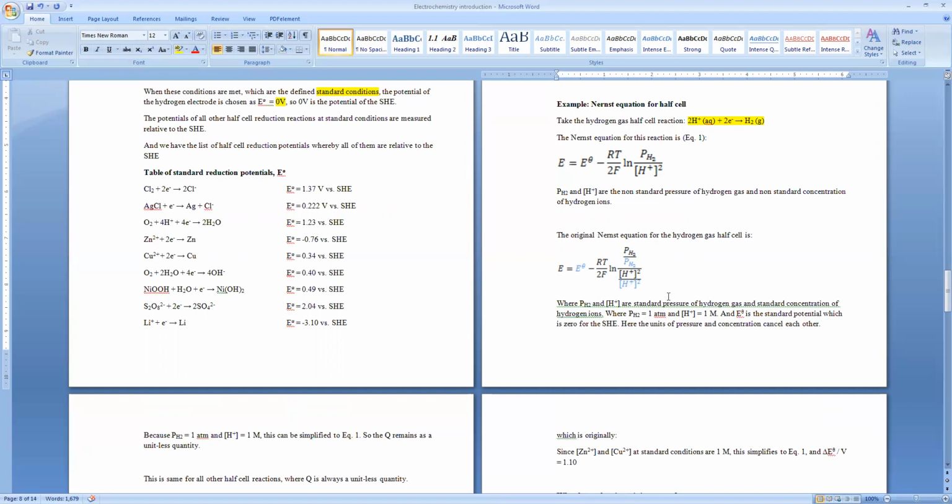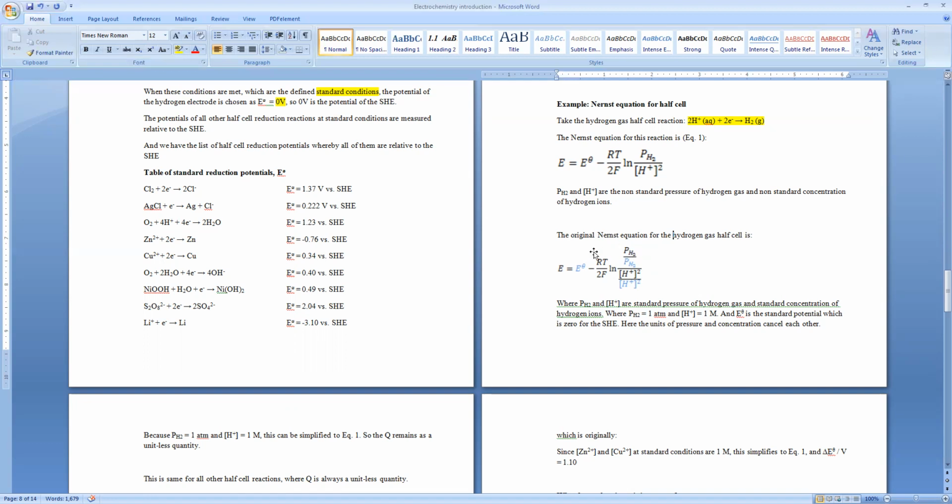Because when you take the ln of a quantity, it must be unitless, meaning that quantity does not have any unit. Here the units cancel off.